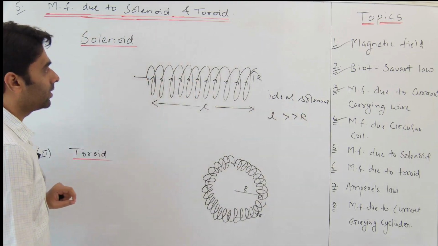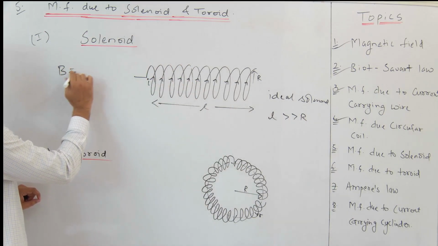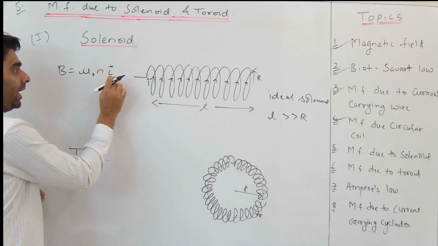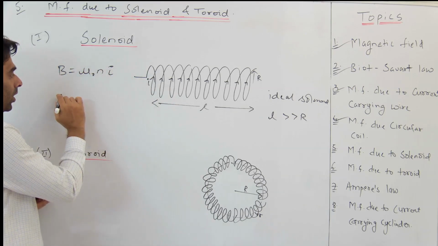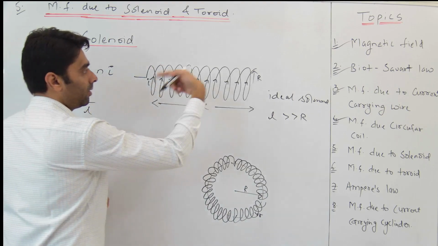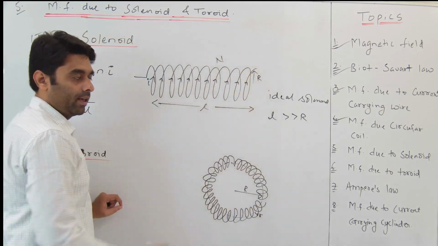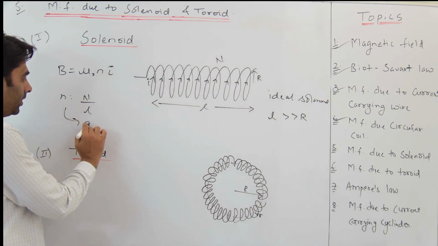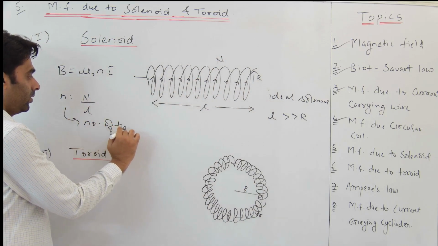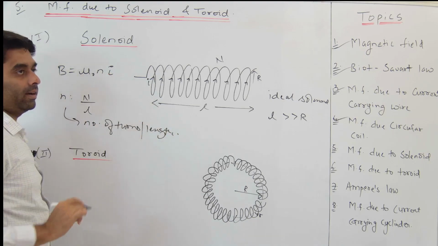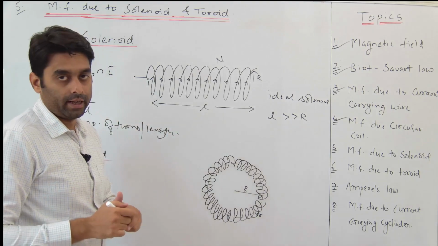The result for this is that the magnetic field inside the solenoid is mu naught n i. What is small n? Small n is the number of turns per unit length. If the total number of turns is capital N and the length is L, then small n is the number of turns per unit length. So this is the magnetic field inside a solenoid, mu naught n i.